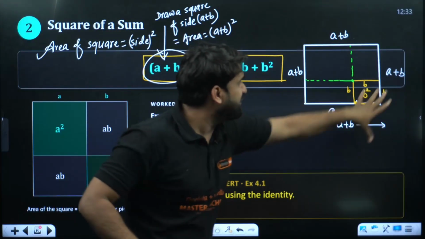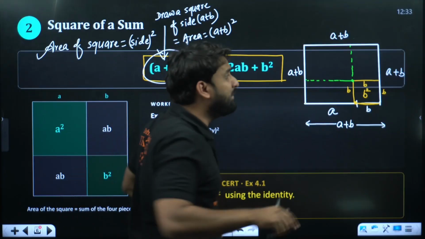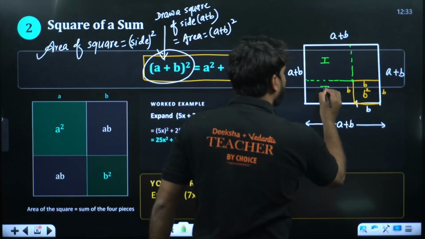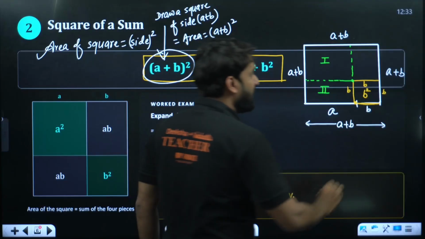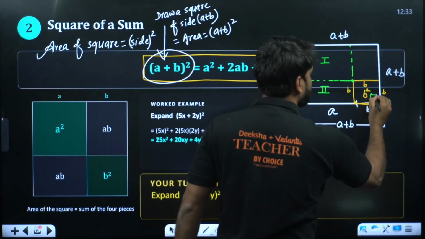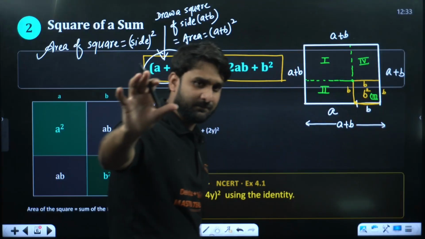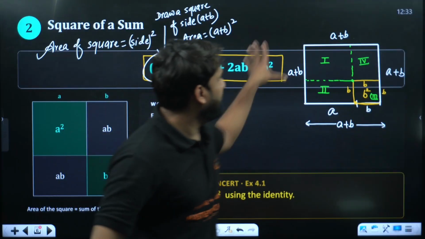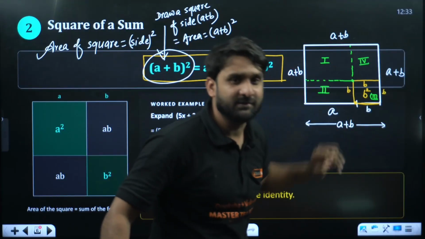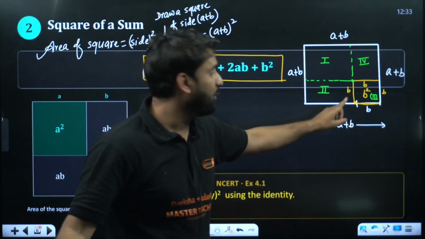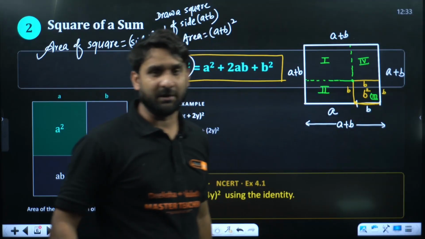The area of this entire square will be equal to the area of compartment 1, compartment 2, compartment 3, and compartment 4.